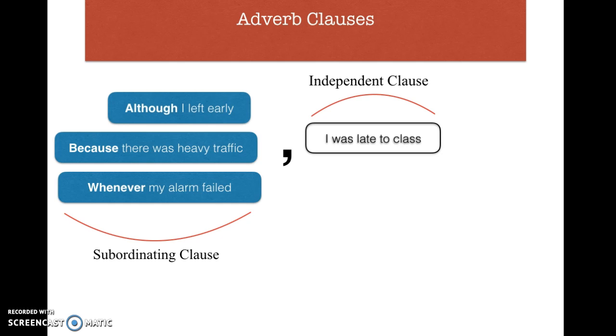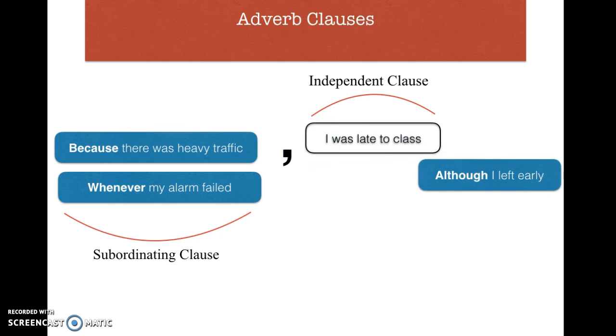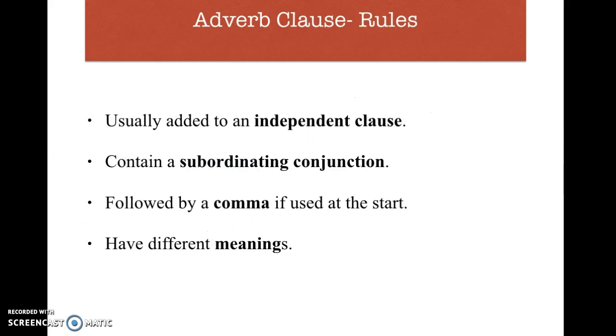That's how we build an adverb clause. We can also add it on after the independent clause. That's fine, just do keep in mind that you don't need a comma if that's the case. You can just say, I was late to class, although I left early, no comma needed. If you start with the adverb clause, you'll need a comma afterwards.